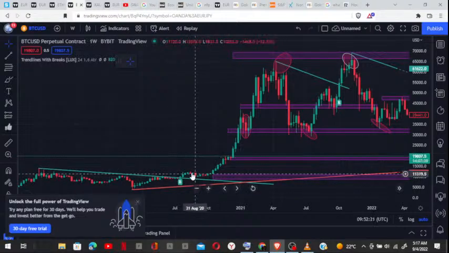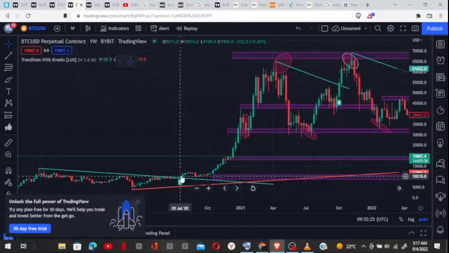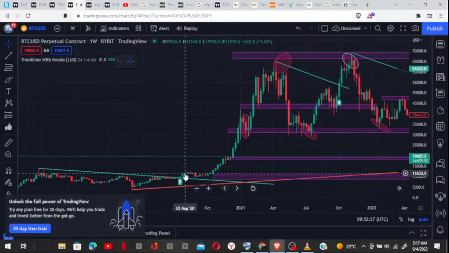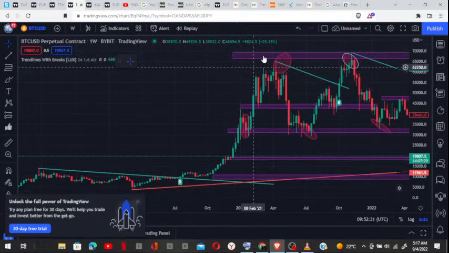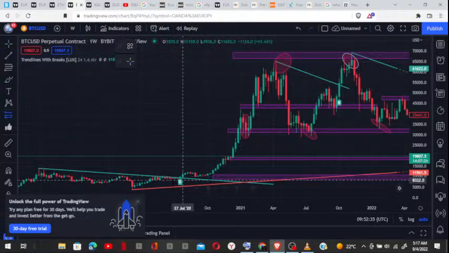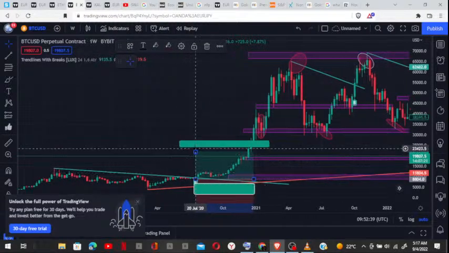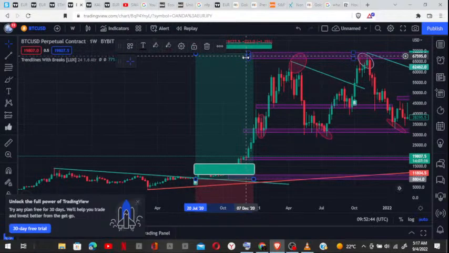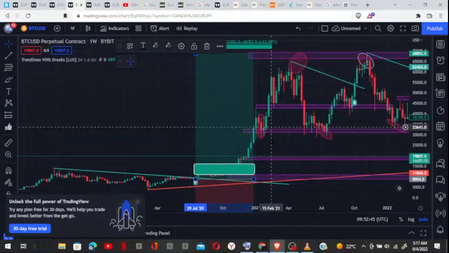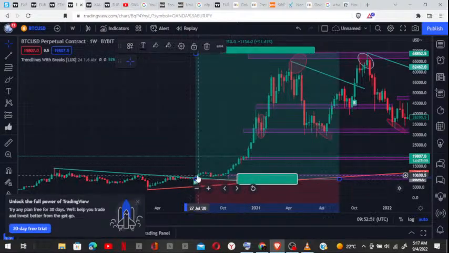If you were trading Bitcoin during this time and you decided to jump in and take your buy positions over here, then I bet that you are still in profits, and you made a lot of money going upwards. You can always do this, and we extend this one going upward, and yeah, you made a lot of profits.